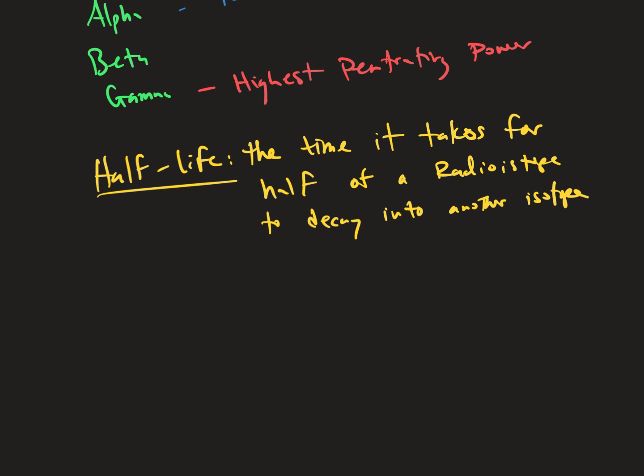So, one half-life, well, that's just half of what we start with, right? If we have 2 half-lives, then that's a half times a half, which equals 1/4 of what we started with.